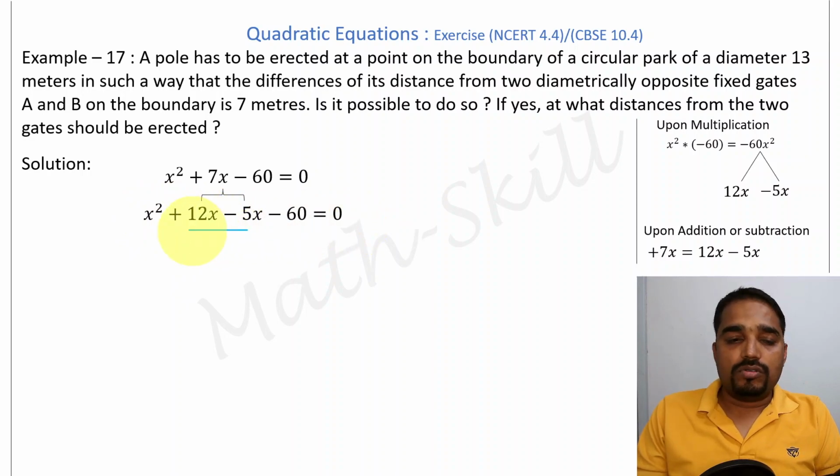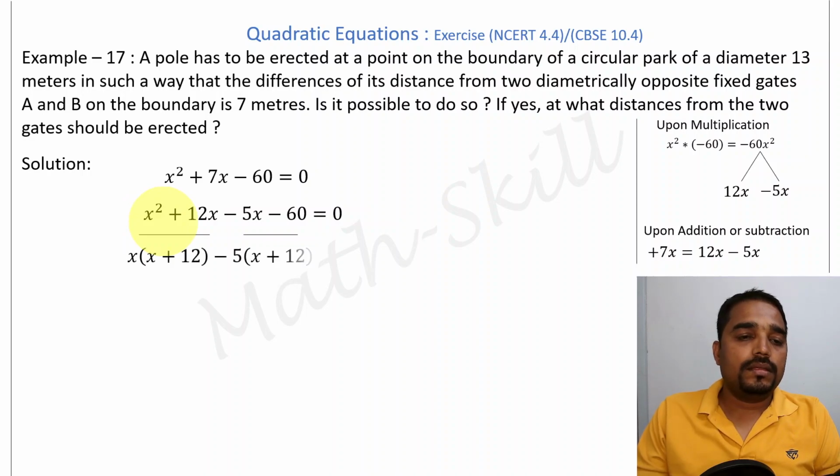Now, in order to simplify, let us take common factors for the first two terms and also the last two terms. Out of x square plus 12x, we see that x is common. Upon taking x as common, from x square x is left, plus 12 is left. Minus, out of the third and fourth term, if minus 5 is taken common, this would be x plus 12.